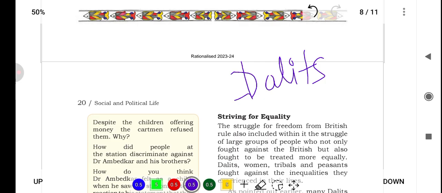Dalits faced significant discrimination in India, highlighting social prejudices and poor treatment. Dr. B.R. Ambedkar's 1901 experience underscores the need to address marginalized groups. Dr. B.R. Ambedkar, father of the Indian Constitution and a prominent Dalit leader, fought for their rights, encouraged education, and converted to Buddhism. So discrimination in social and political life impacts lower caste communities. Okay?